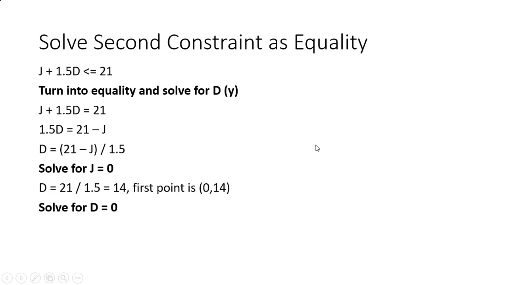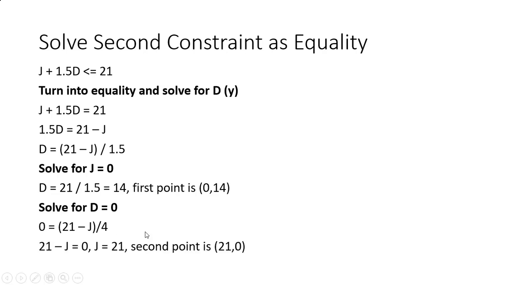Next we'll solve for D equals 0. So we have 0 equals 21 minus j divided by 1.5. So once again, 1.5 can't be 0, so 21 minus j has to be 0, so j equals 21. So now our second point is 21, 0.